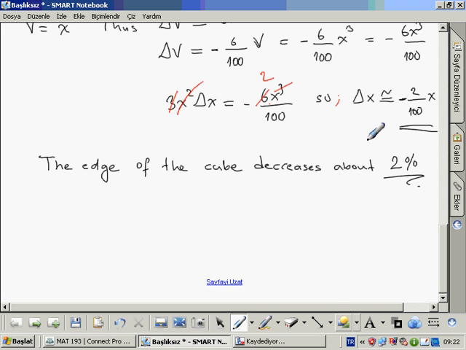So let me continue with another subtopic, which is higher order derivatives.